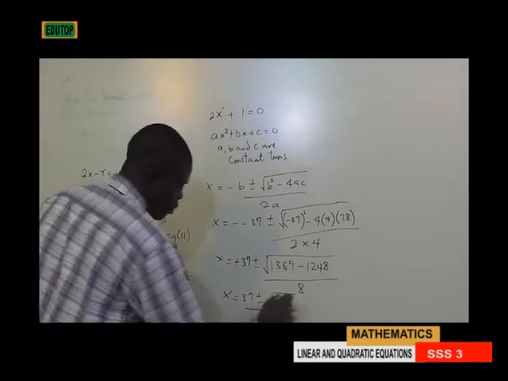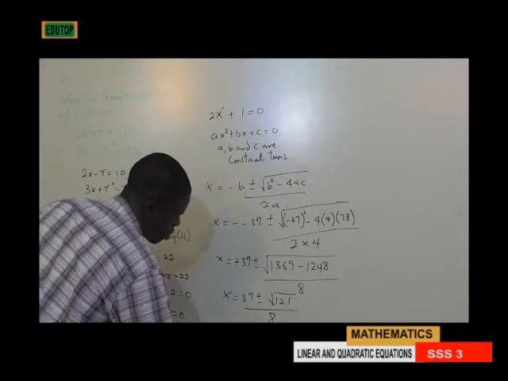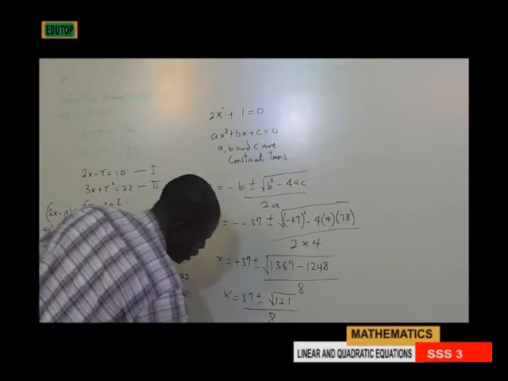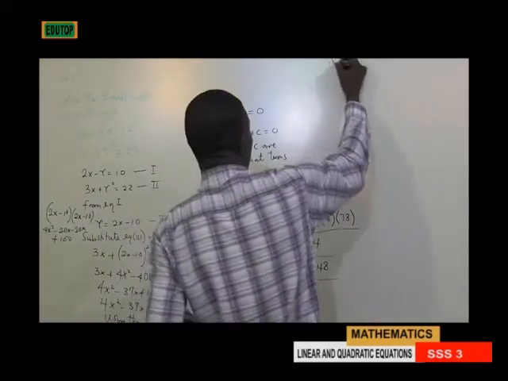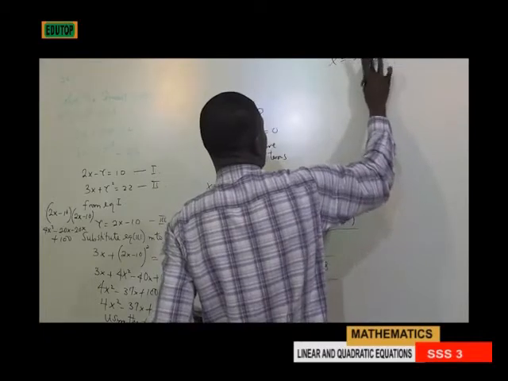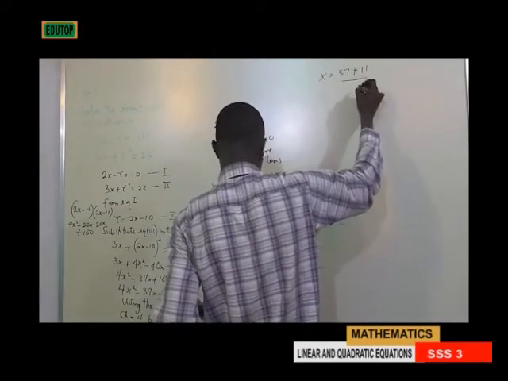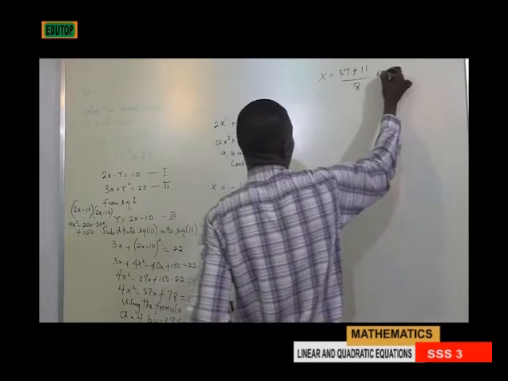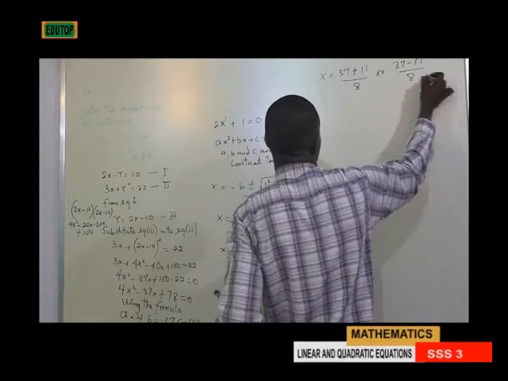So I can have my x equal to 37 plus or minus 11 over 8. And if I want to resolve this, I will have x equal to 37 plus 11 over 8, or 37 minus 11 over 8.